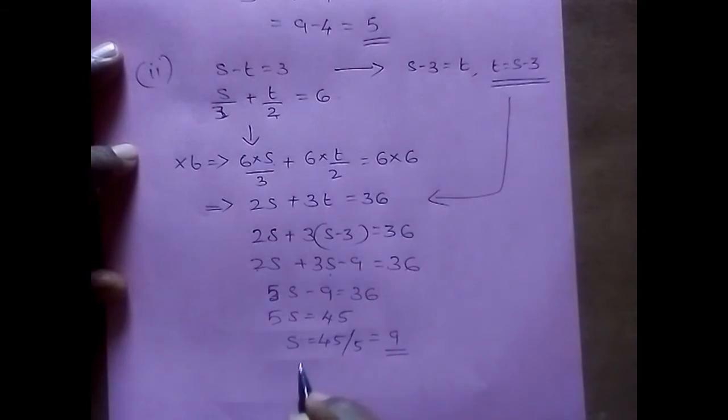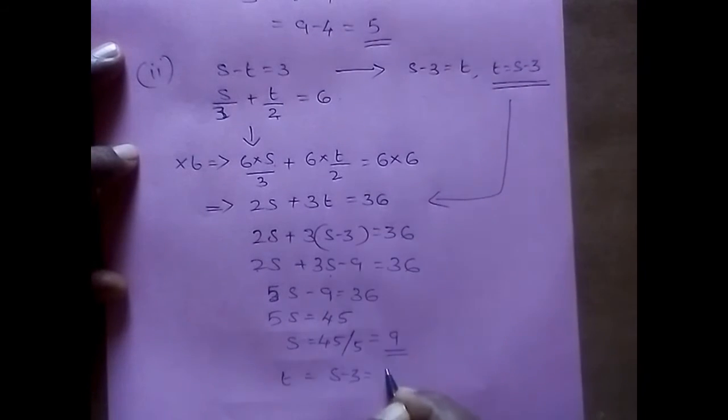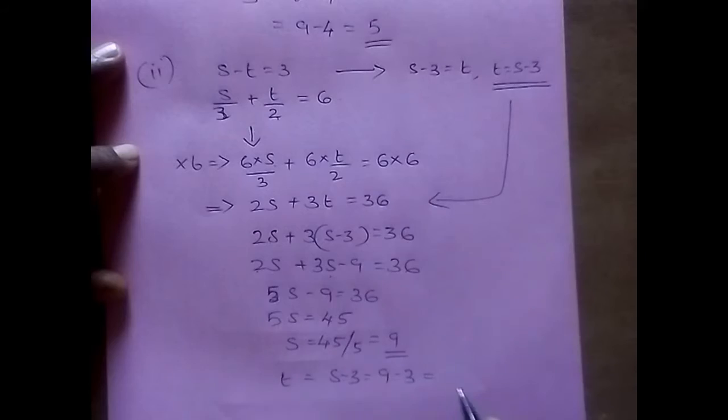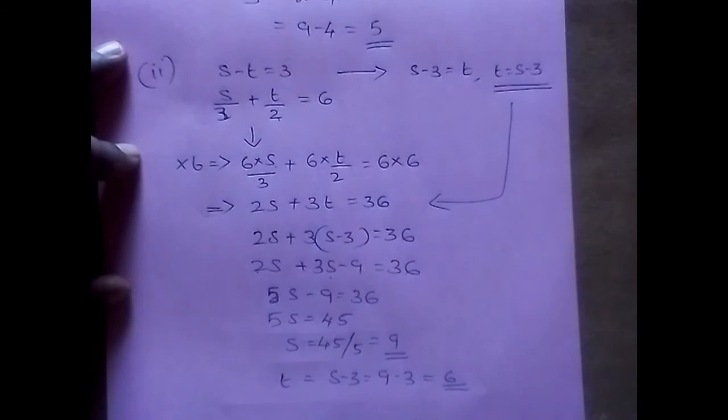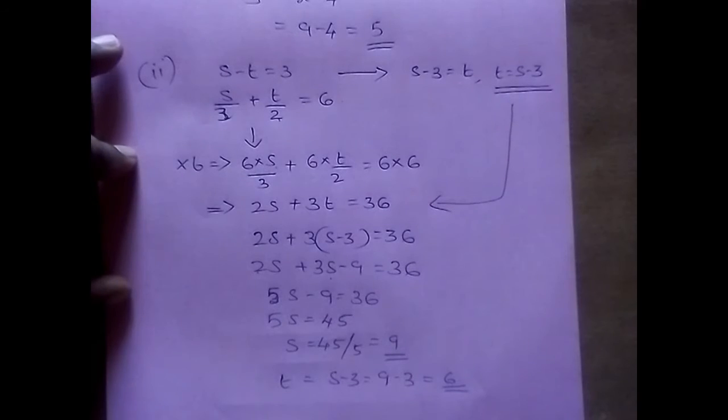When s is equal to 9, t is equal to s minus 3, that is 9 minus 3 equals 6. So we have s equal to 9 and t equal to 6.